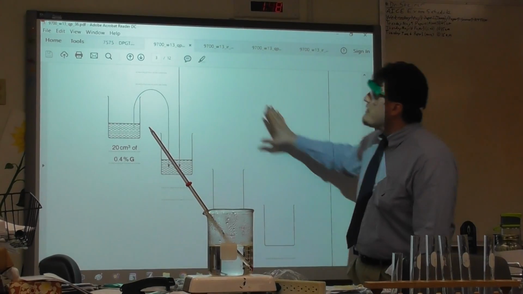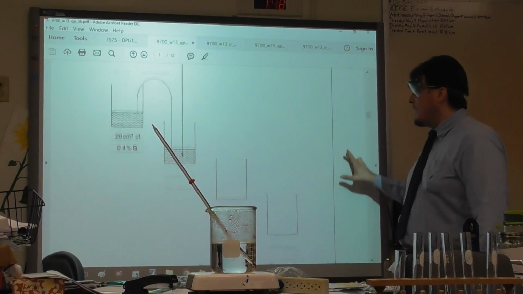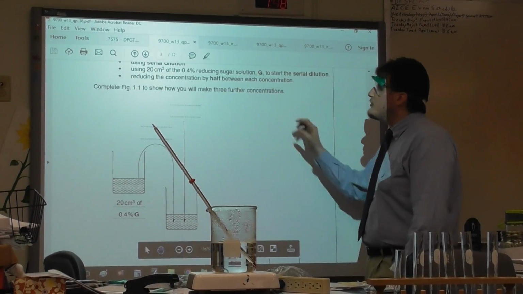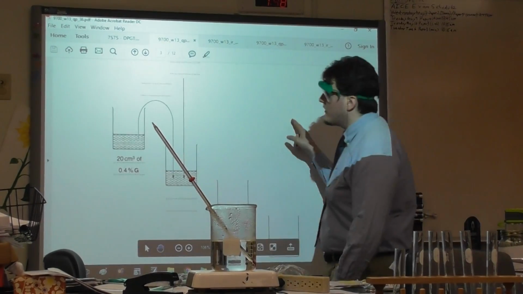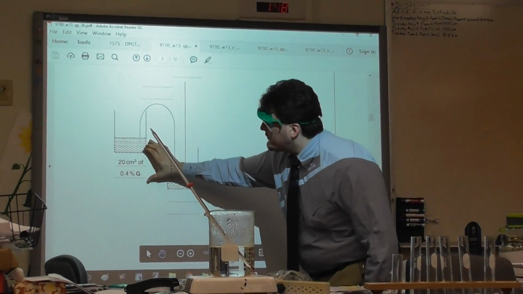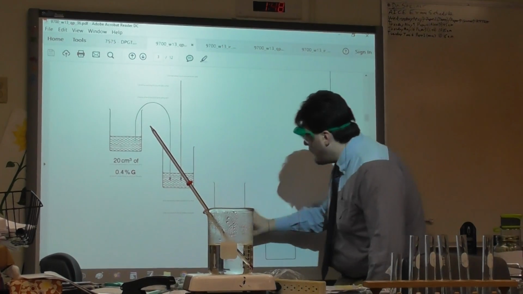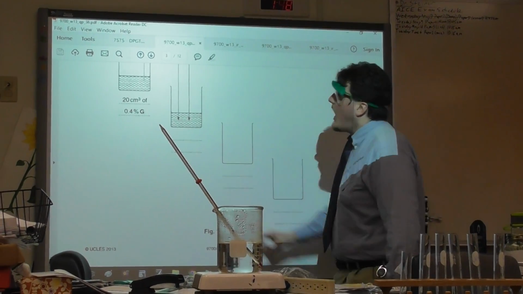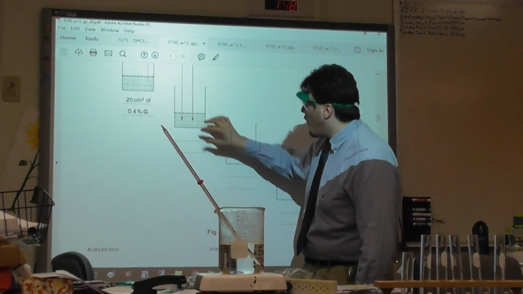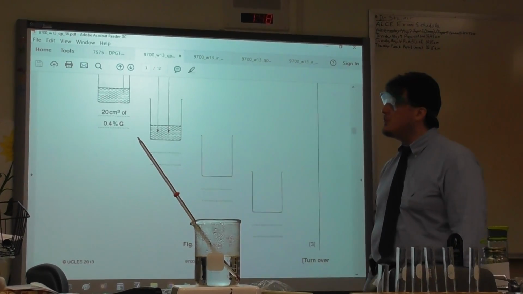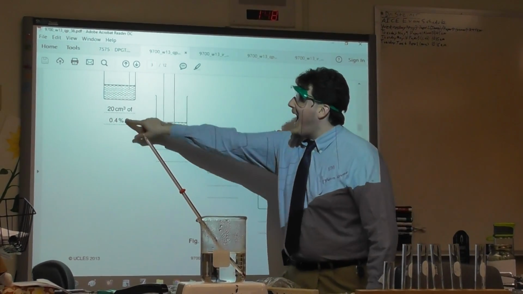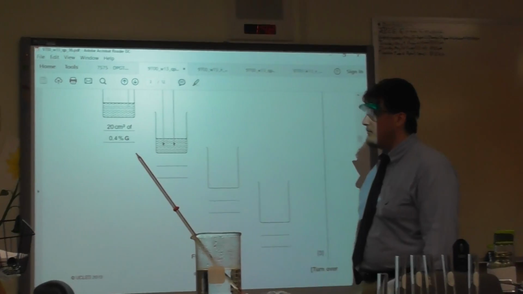And then I'm going to use this diagram here to show how I'm going to reduce the 3 further concentrations. I'm going to make this 3 more times. I'm going to take 20, 20, 20, and 20 cubic centimeters of half each time.